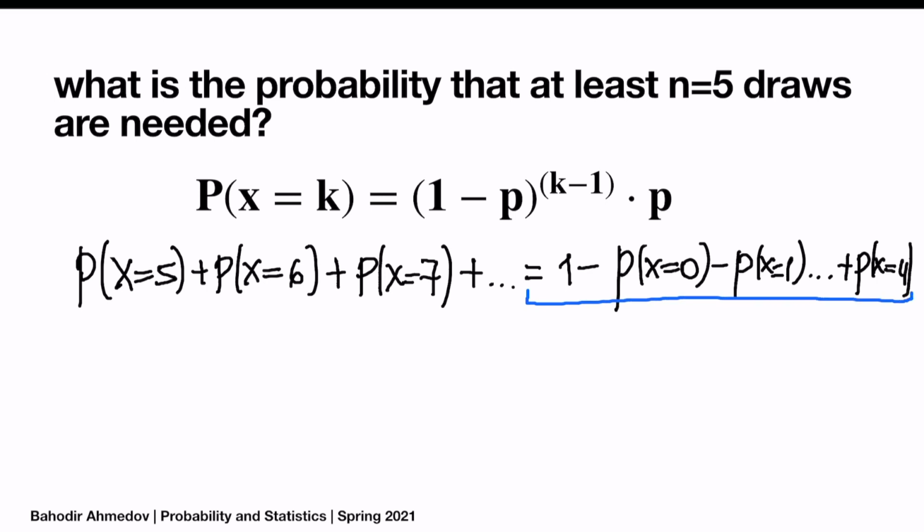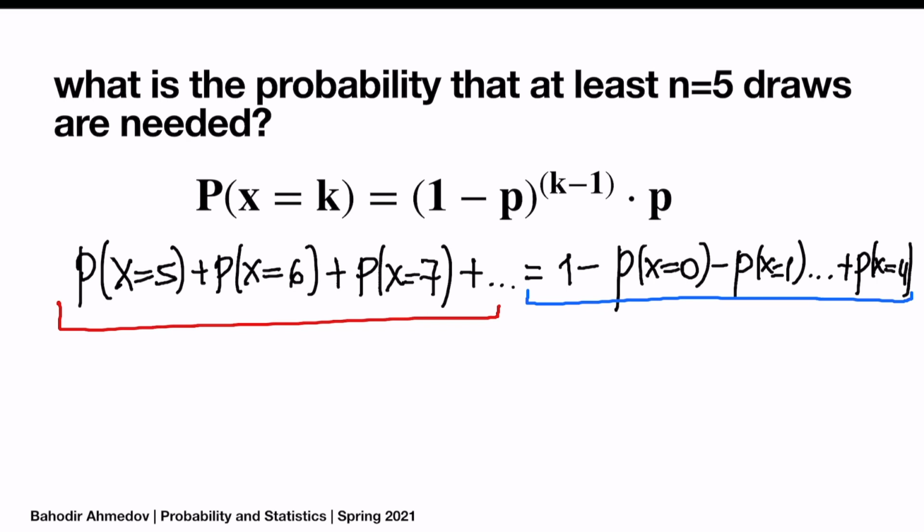We still need to do a lot of calculations, but it is possible. You can find the probability of x equal to 0, 1, 2, 3, 4 just using the formula above, and subtract this from 1. But it appears that for the geometric distribution, it is easier to calculate the left-hand side rather than the right-hand side. Oh, sorry, the right-hand side rather than the left-hand side. It is easier to calculate this red term, sorry.